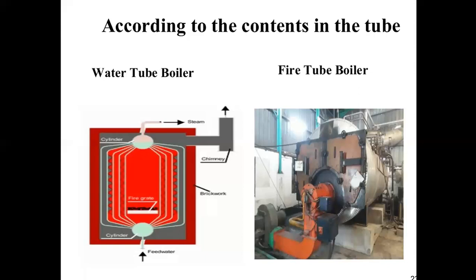The same is shown in the figure. In the fire tube boiler, the furnace is located within the boiler. Within the tubes the hot gases flow, surrounded by the water, so it is a fire tube boiler.